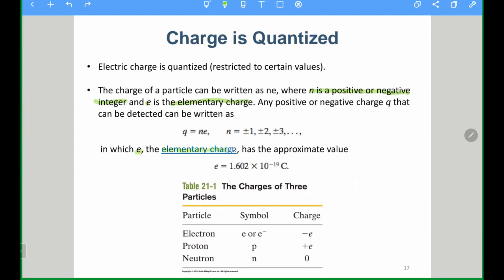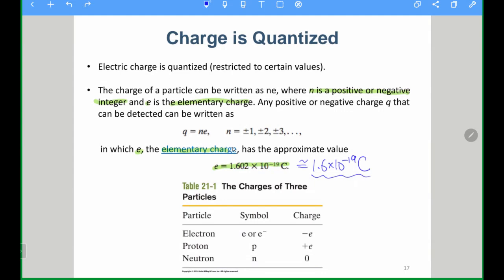It will appear again and again. So e is 1.602 times 10 to the minus 19 Coulomb, but usually we will just write it as 1.6 times 10 to the minus 19 Coulomb, which is sufficient. We don't really need to care about the 0.002.